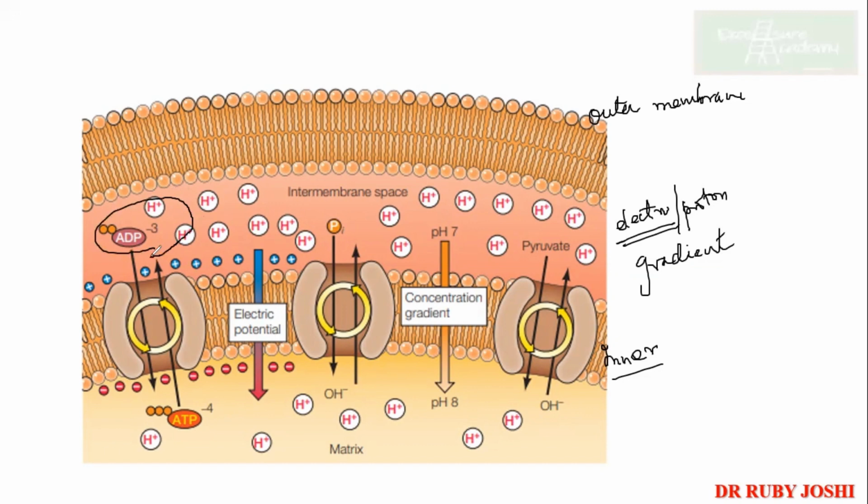ADP is coming in in exchange for ATP4-. Similarly, phosphate is also coming in exchange for H+. Then pyruvate is coming in exchange for OH-. So all of this is possible with the help of the proton gradient.